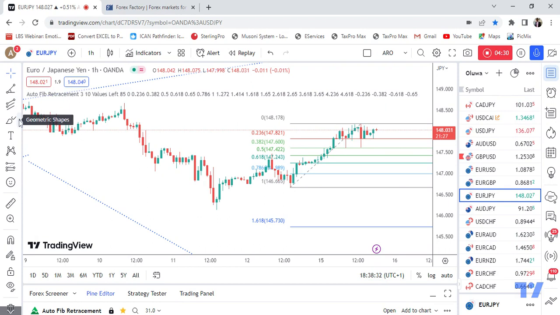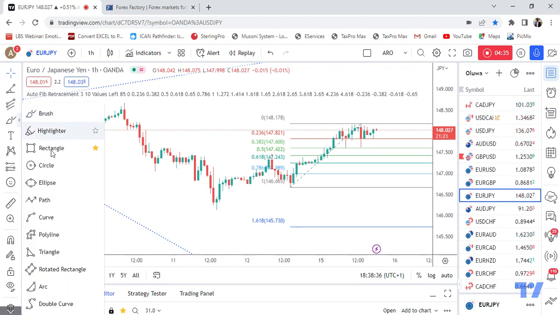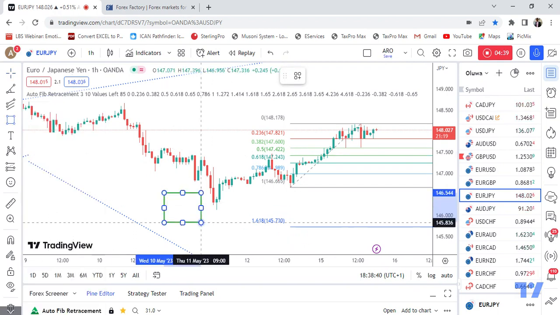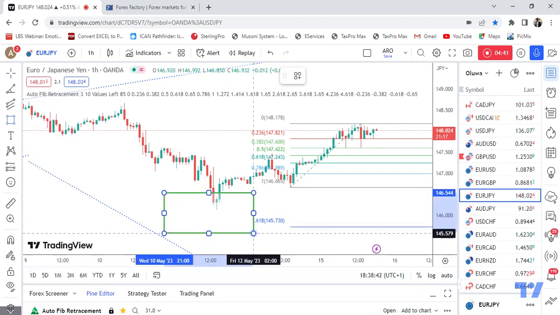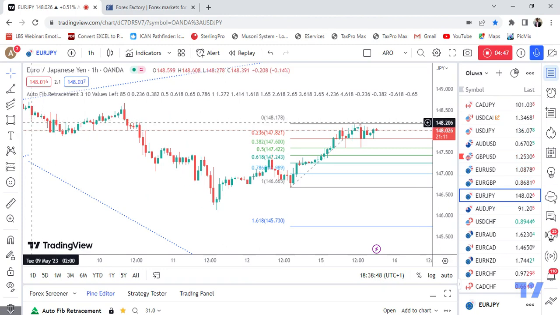Then we have geometric shapes. If you want to draw any shape on your chart, for instance, if you want to draw a box on the chart for a comment, or to draw a channel, you can use that for that as well.